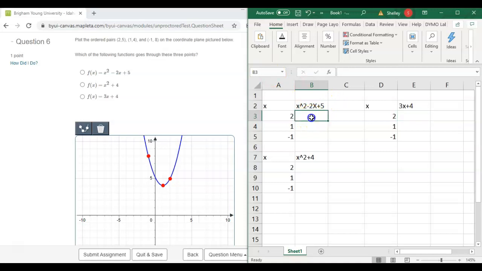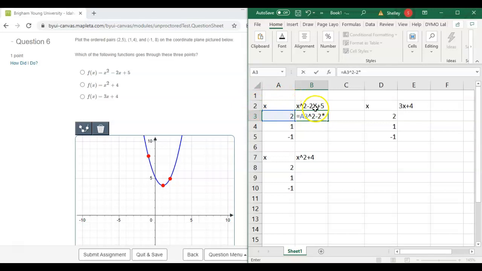So the first thing I'm going to do over here is type equals, because I want it to calculate, and we want our variable x squared, so we'll reference the cell to the left, and shift 6 for the caret, and then the 2 for the exponent of 2, or squared, minus 2, and then we have to tell Excel to multiply, so we have to press times.